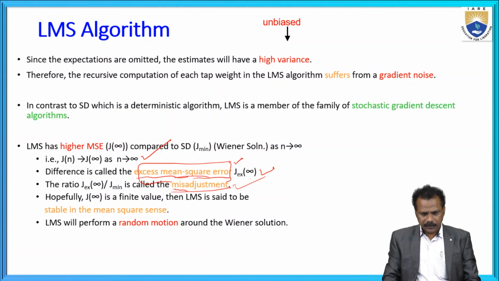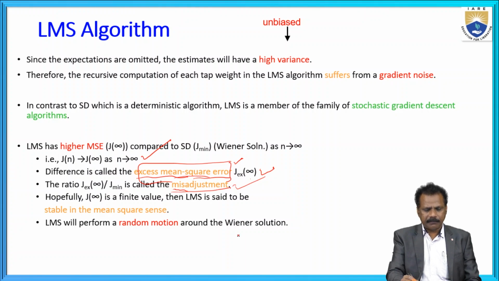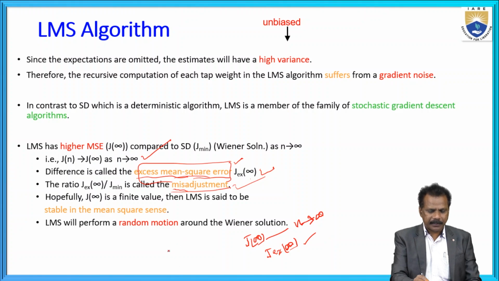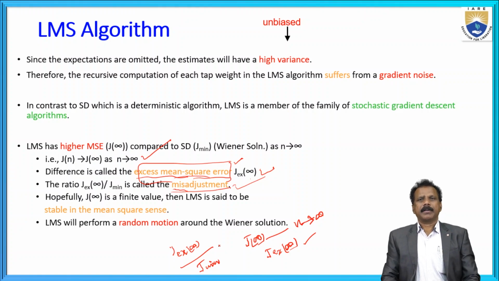So with this, the MSE J of n tends to J of infinity as n tends to infinity, and the ratio J excess of infinity by J minimum is called the misadjustment.